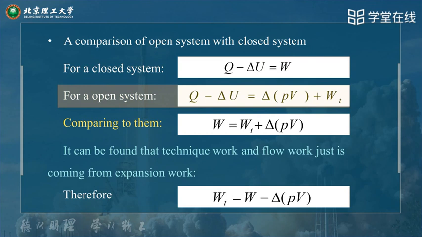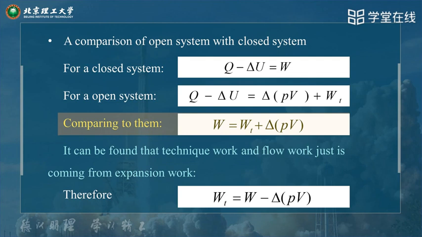For an open system, we obtain Q minus delta U equals delta PV and WT, where WT is technical work. So from these two equations, we can find the expansion work W just is WT and delta PV. We can do this comparison.